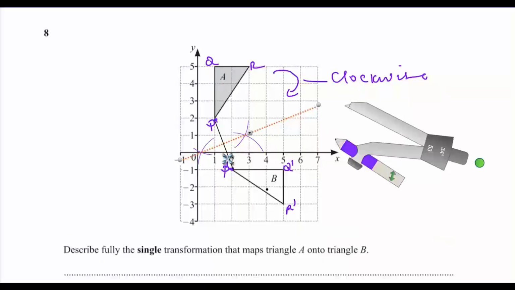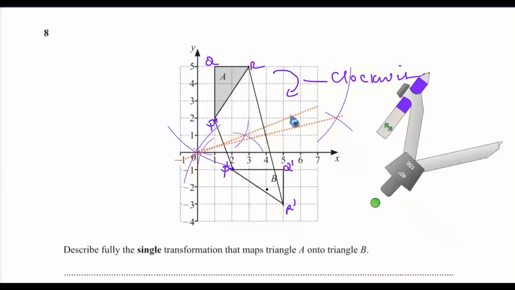So I have bisected point P and P prime. So let's bisect point R and R prime, and where the two perpendicular bisectors meet will be the center of rotation. Also, I have joined point R and R prime and bisected it. So it is obvious that the two perpendicular bisectors meet here.